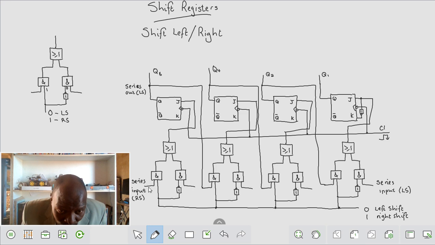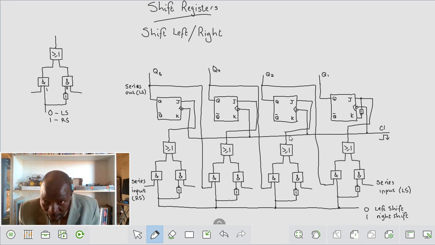So if you are going right, where we place a 1 there, the 1 opens these gates 1, 3, 5, and 7, and it blocks 2, 4, 6, and 8. Then our input comes in, goes out, goes to the next one, comes out, goes to the next one, comes out, and goes to the last one.